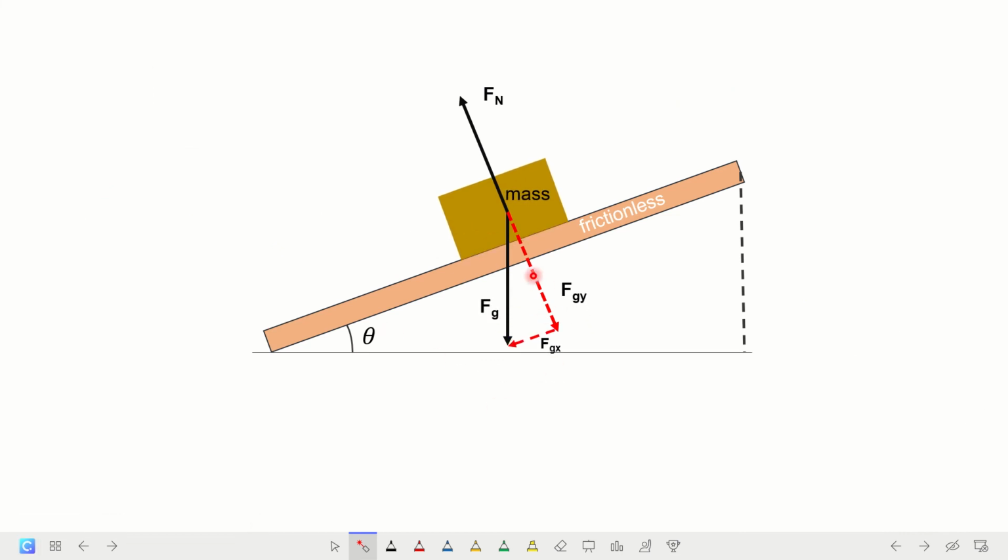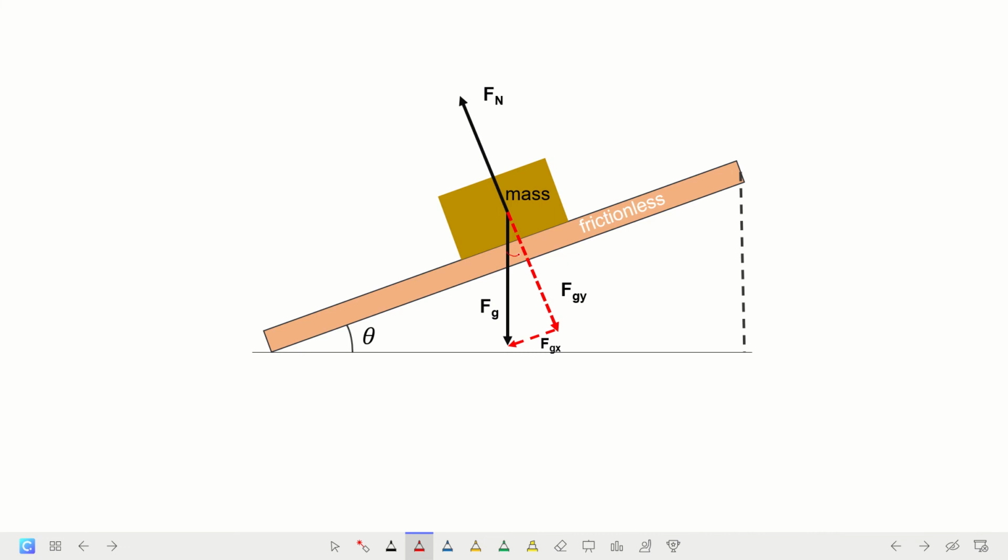So as you can see here, if we move the parallel component down, this would create a right triangle. So the angle here, class, would create an angle between the force due to gravity that is downward, and the perpendicular component.